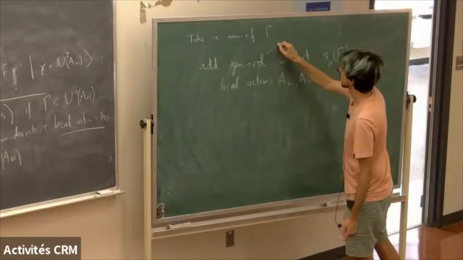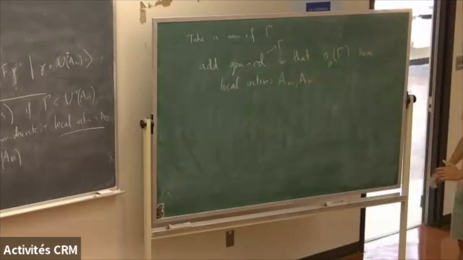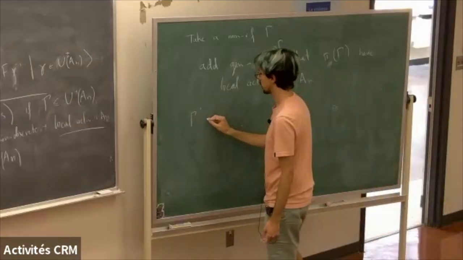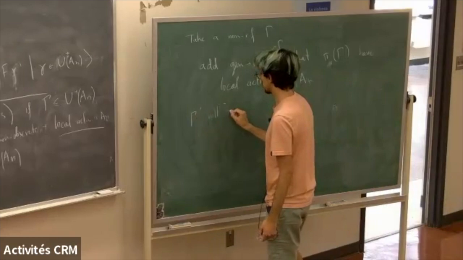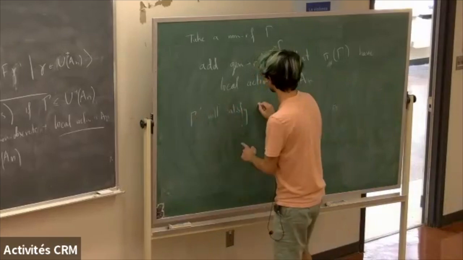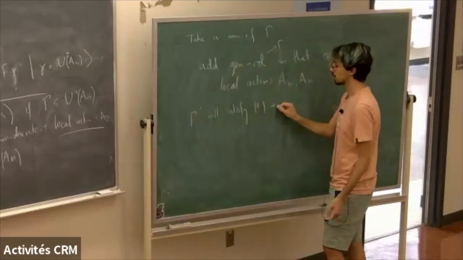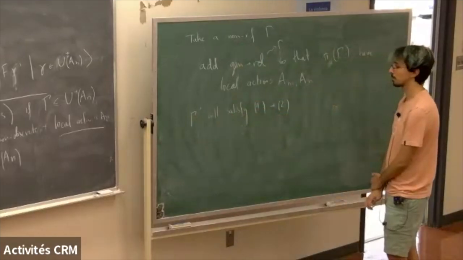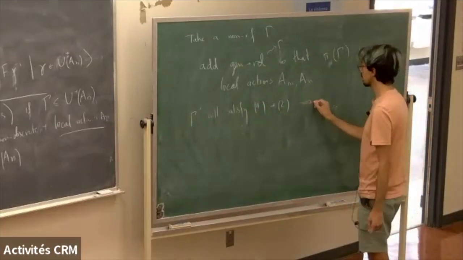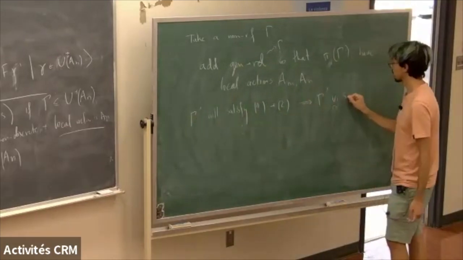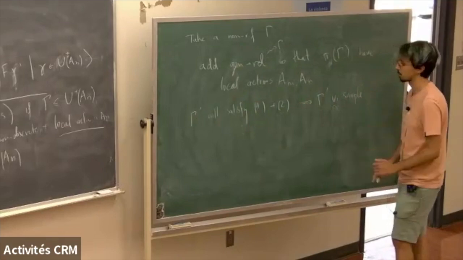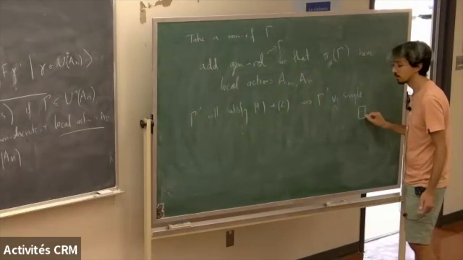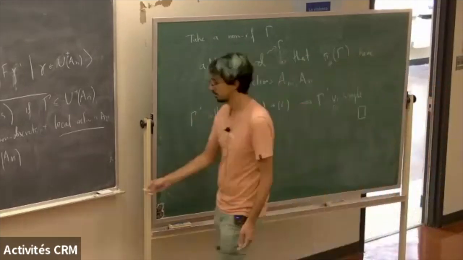So you get some gamma prime, a bigger BMW group, and then this gamma prime will satisfy 1, which is non-residual finiteness, and 2, just infinity from this Burger-Mozes theorem. And so gamma prime is virtually simple. Okay. And here, thank you.